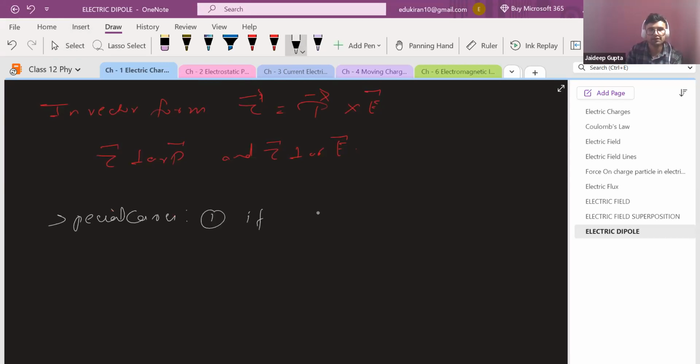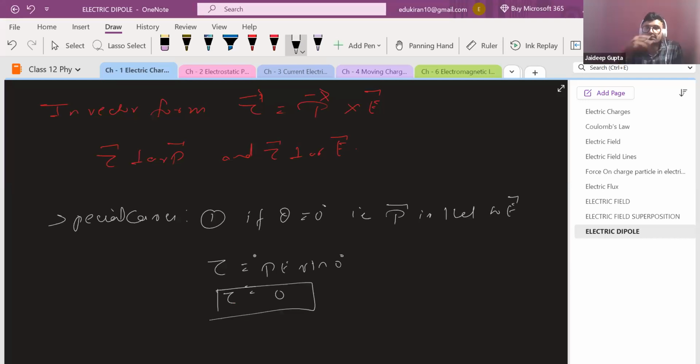If theta is 0 degrees, that is the dipole moment is parallel to the electric field, then torque equals pE sine 0, and sine 0 is 0. So when the dipole moment is parallel to the electric field, the torque experienced by the electric dipole is 0.